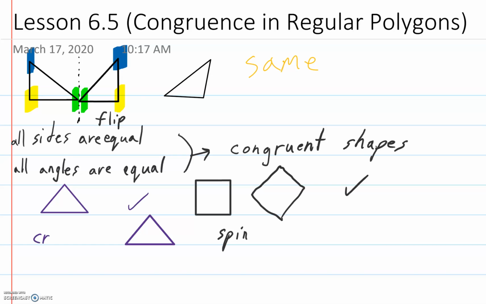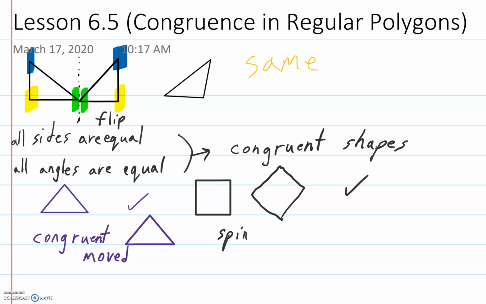So I'll write congruent. So they are congruent. They were just moved. So this is just a moved version. So we have spin, we have flip, and we have movement.